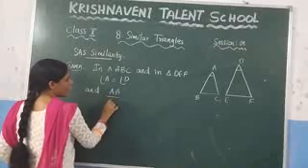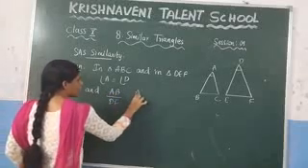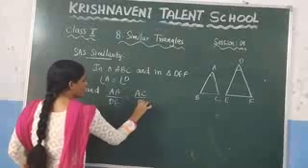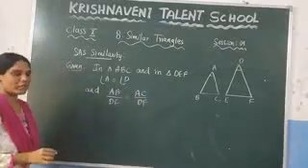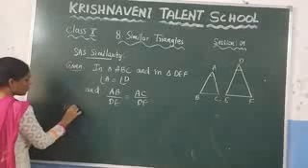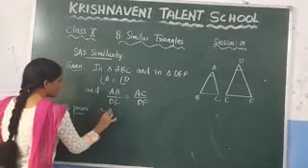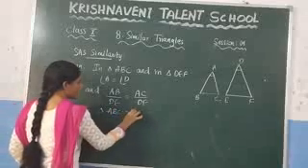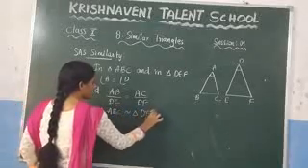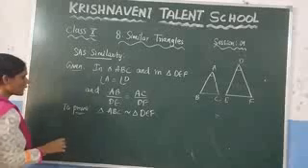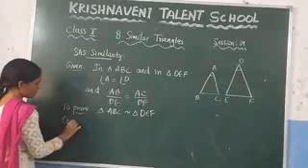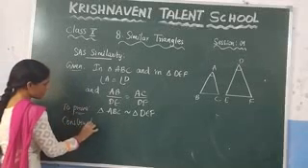That means AB by DE is equal to AC by DF. These two conditions are given. What we need to prove is triangle ABC is similar to triangle DEF. For this, we need to do some construction.